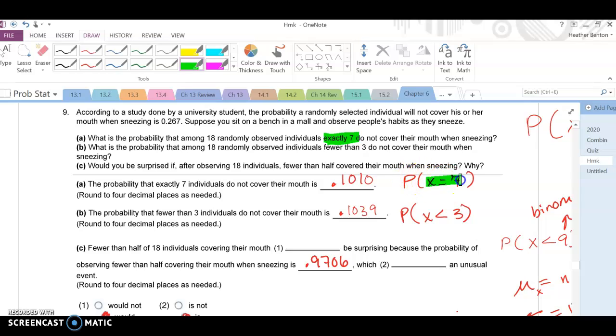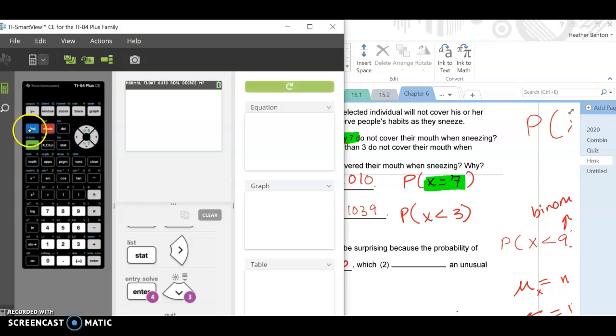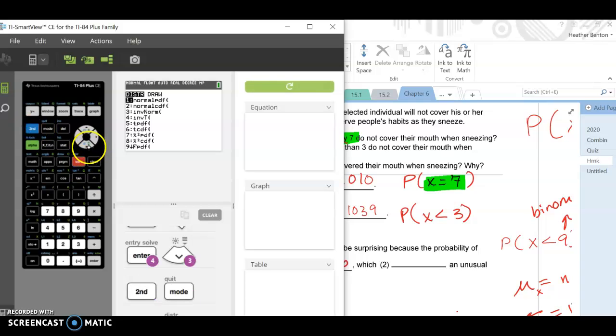So this is the probability of x equals 7. We know that when the problem says exactly, that means we go to our binomial PDF, not binomial CDF.